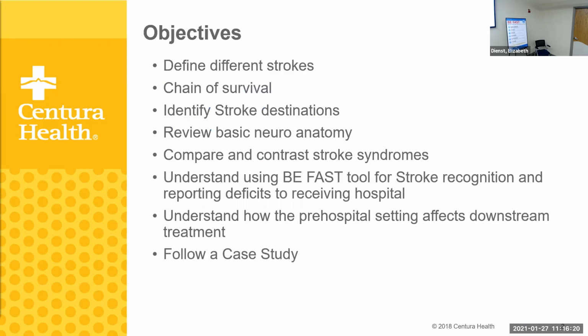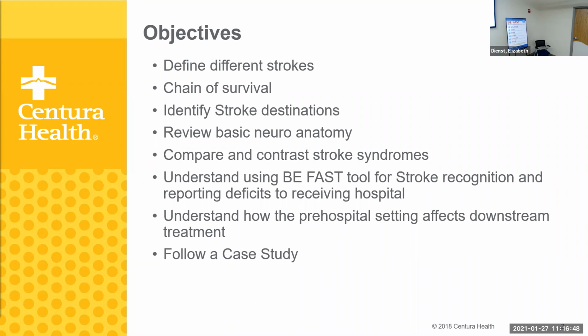All right, so the things that we want to cover with you today are defining different strokes, what the chain of survival looks like, what we do with outreach for that, identifying stroke destinations, reviewing basic neuroanatomy, and comparing and contrasting your stroke syndromes. We really want you to understand using BFAST because it's an excellent tool for stroke recognition, both in the field, and we also use it in the hospital.